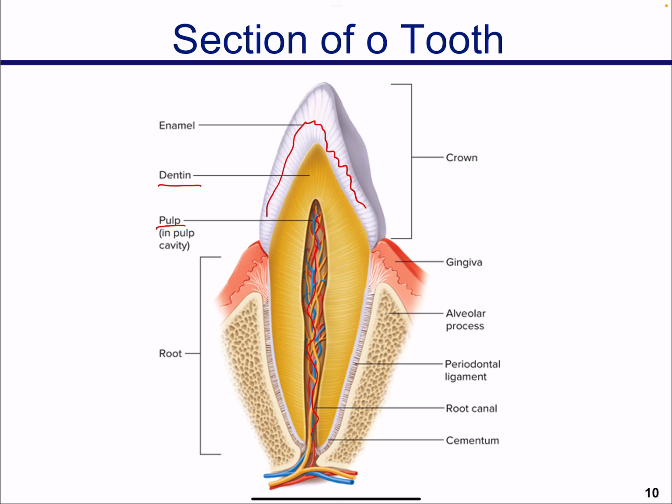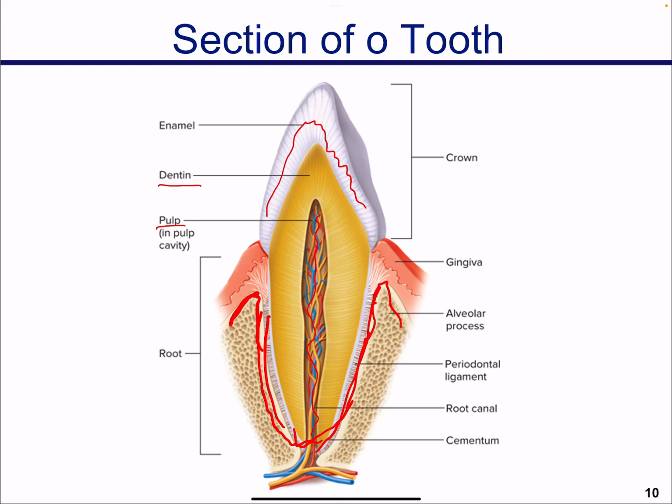And the tooth is attached to the bones that make up basically part of your mouth, right? And the socket is called the alveolar process, right? So here we have the alveolar process, another alveolar process, right?